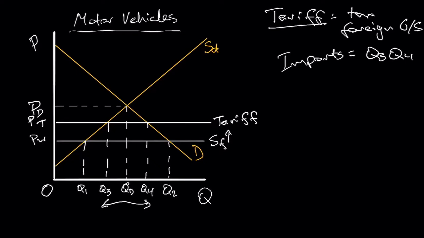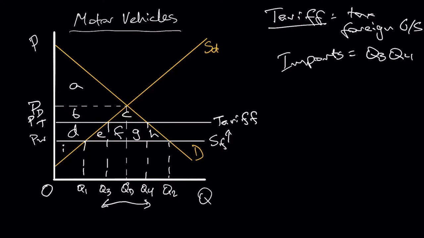As usual, we're going to label our producer and consumer surplus on this diagram. I'm going to move in alphabetical order: area A, area B, area C, area D, area E, area F, G, H, I. All of these will have a certain role in a moment.